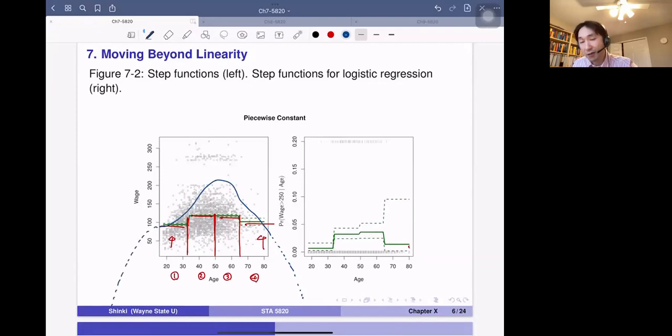For example, at age 100, the weight should be negative, or at age 5, the weight may be negative or something like that. But the step function is at least robust against extrapolation. So if age 90, maybe we can just assume that's the same as age 80. So that's probably better than if we extend the quartic function.